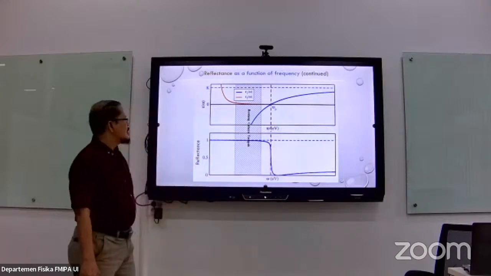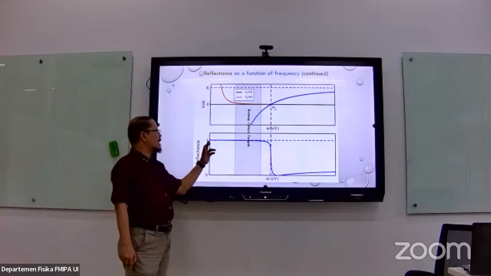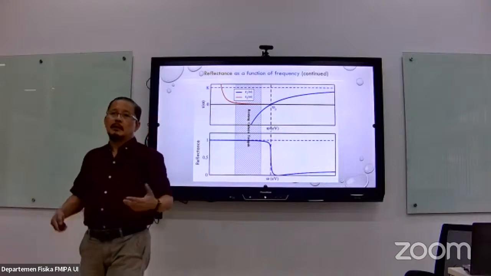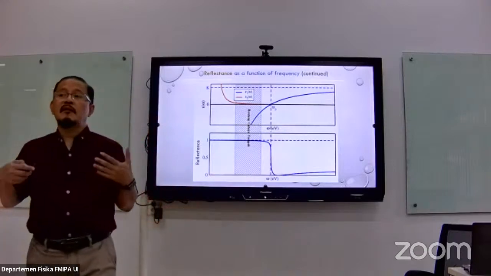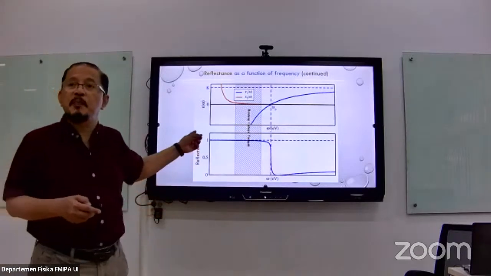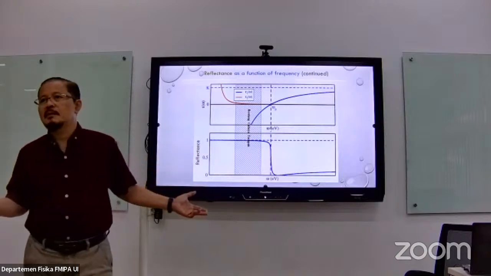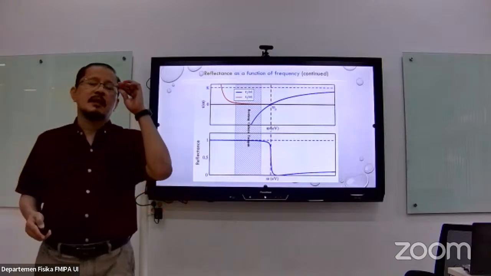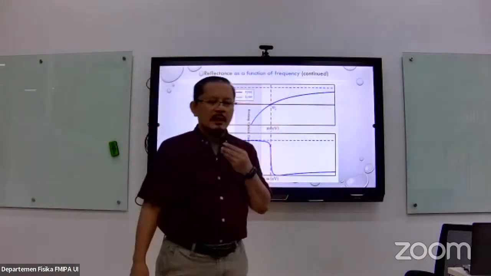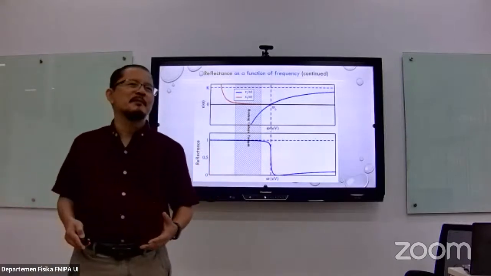So what's the physical consequence of having reflectance value being close to 1? That means the reflectance is 100% or almost 100%. And that's the typical characteristic of all metals. Common metals. By common metals, I mean things that we usually call metals.